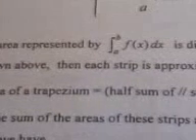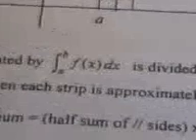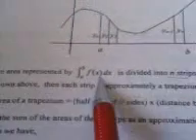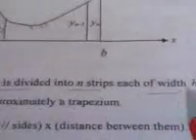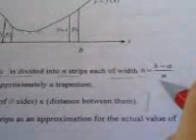To summarize the trapezium rule, you just need to find the width of each strip, and the width of each strip is equal to the upper limit minus the lower limit over the number of strips.